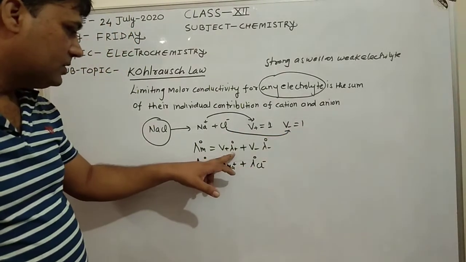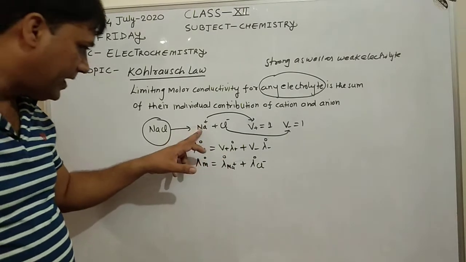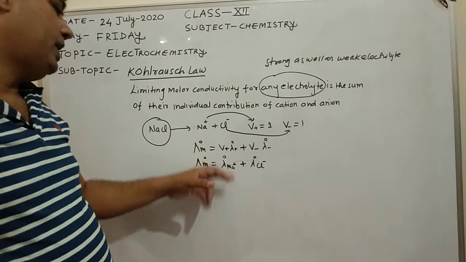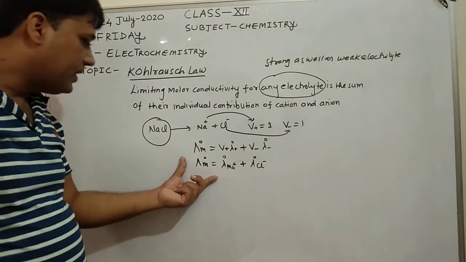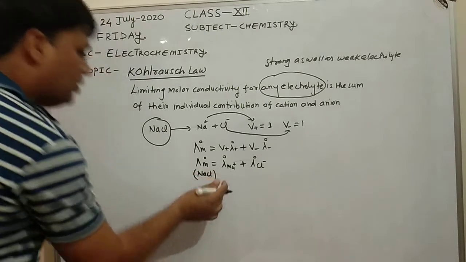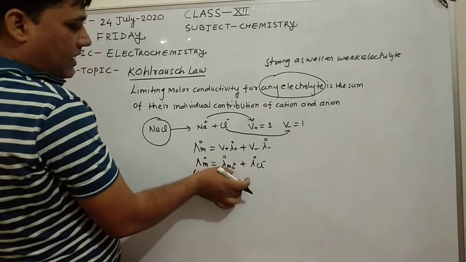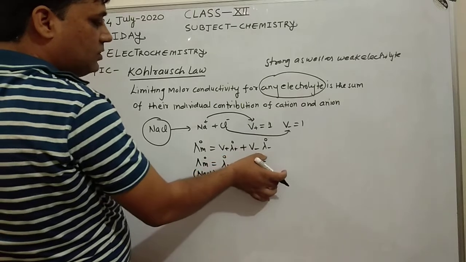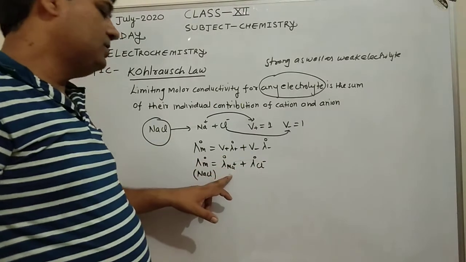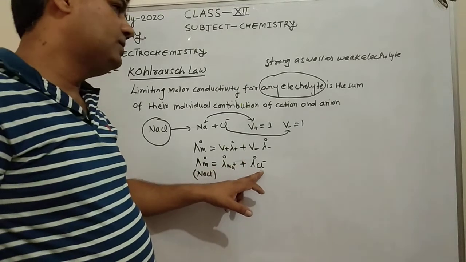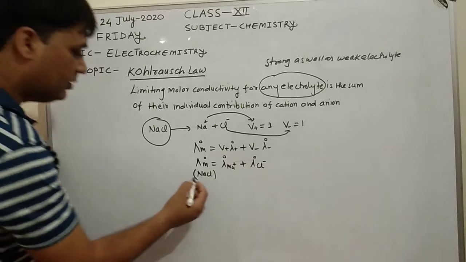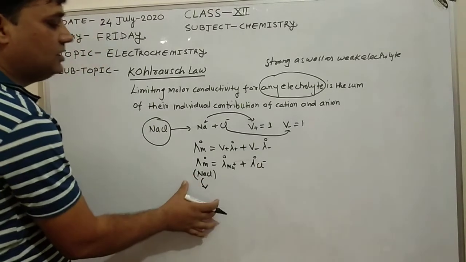Lambda plus naught represents limiting molar conductivity of cation and lambda minus naught represents limiting molar conductivity of anion. So limiting molar conductivity of NaCl is equal to lambda naught Na plus plus lambda naught Cl minus. So if lambda naught Na plus and lambda naught Cl minus are given, then we can calculate lambda naught of NaCl, that is, the limiting molar conductivity of NaCl.